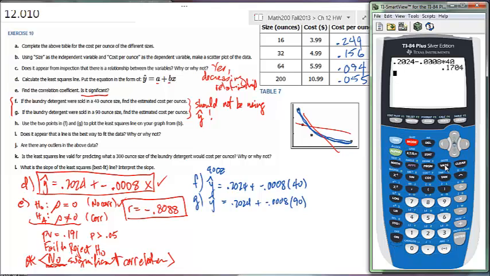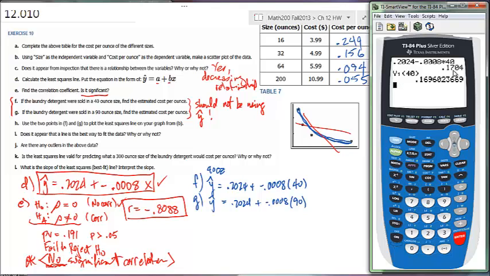So remember how to get y1. Go to vars, yvars function, and y1. And then in parentheses, you're going to input your independent variable. So y1 evaluated at 40 is what this is saying. You press enter, we get 0.1696.